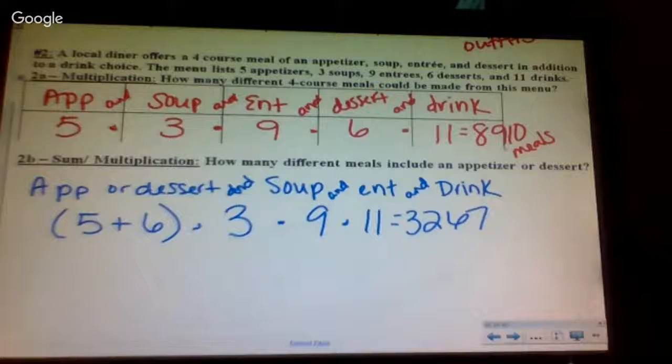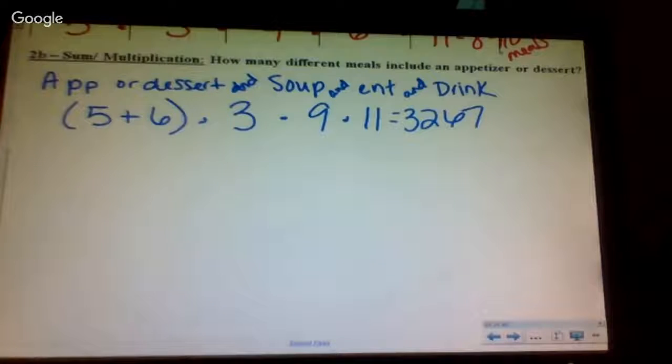Okay. Another way you could have done this: you could have done it with appetizer and multiplied everything together without dessert, and then done everything as a dessert, and then added the two. So either way works. I'm getting appetizer, soup, entree, drink, and gotten a total.